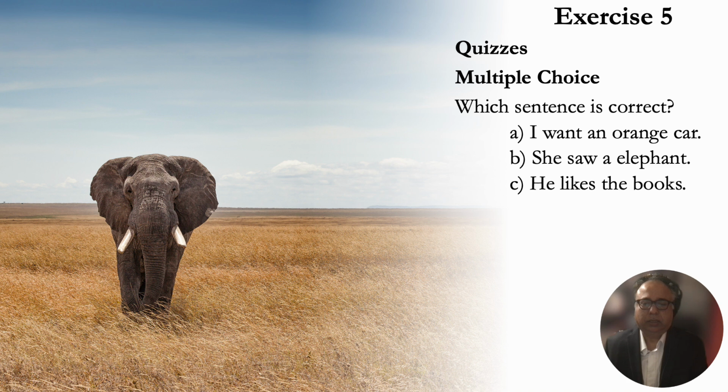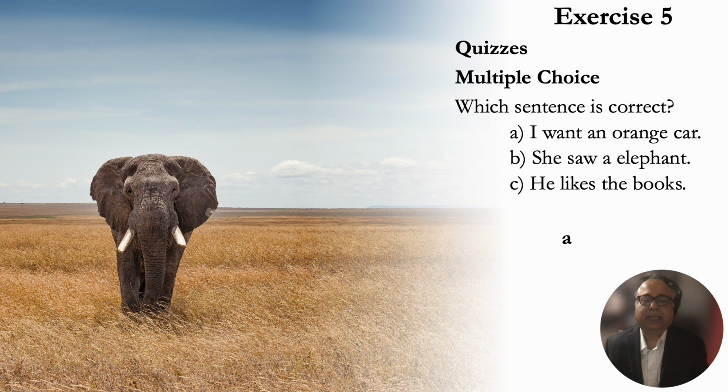There are 3 sentences, and which one is correct? Obviously, 1 out of 3 is correct, so there are 2 ungrammatical sentences in this exercise. Complete the exercise, and here is the answer. You ready? There you are.